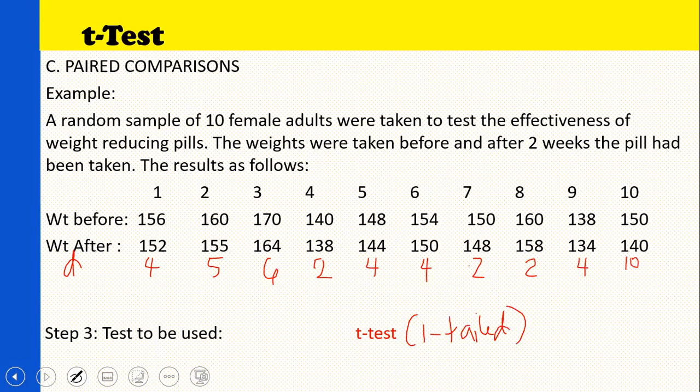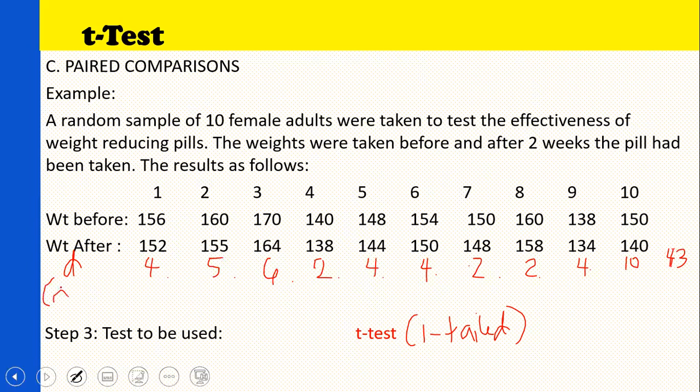So this time we're going to compute the mean and the sum. Let's add them all: 4 plus 5 plus 6 plus 2 plus 4 plus 4 plus 2 plus 2 plus 4 plus 10. And it will give you 43. And how do we get the mean of D, the mean squared?